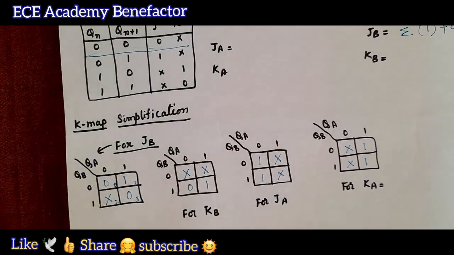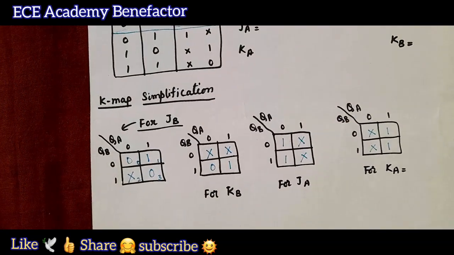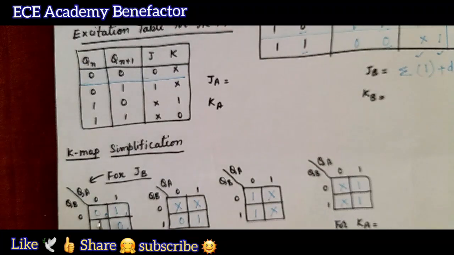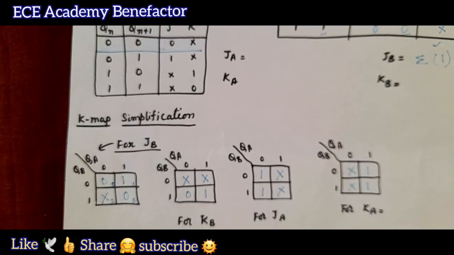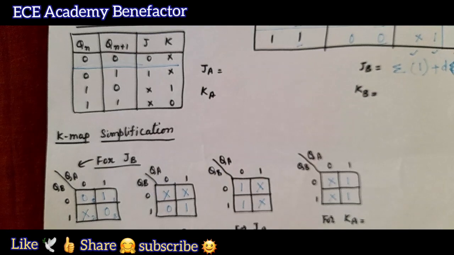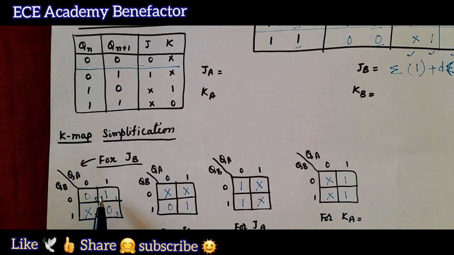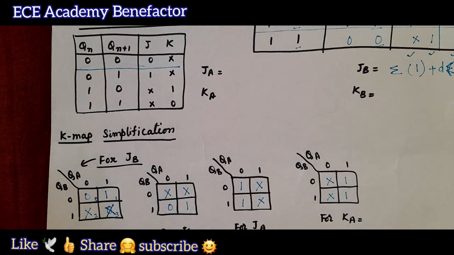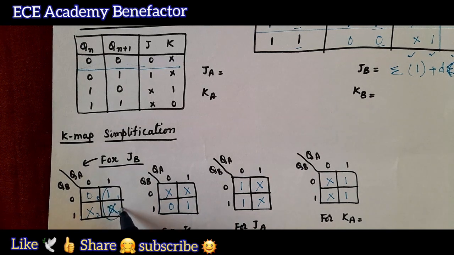So what will be the grouping for JB now? Let us check JB once again. It is 0, 1, double x. I have made a mistake, so it is double x here. So here one pair is possible.